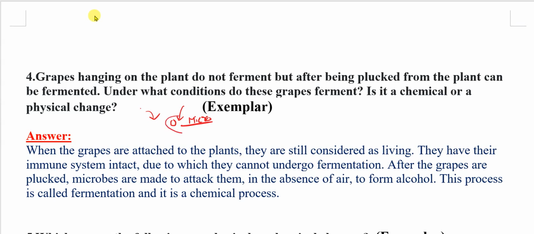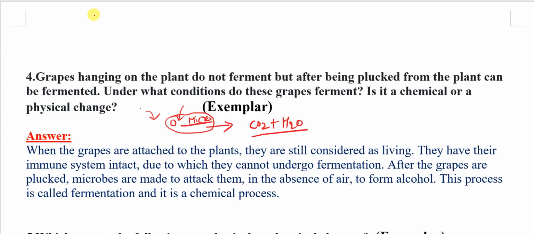In that presence, microorganisms attack these grapes, and not only grapes, any fruit. They release different types of enzymes and convert the sugar into CO2, and water will also be there. A new substance is always formed in this, so it is a chemical change. In fact, it is the fermentation process.